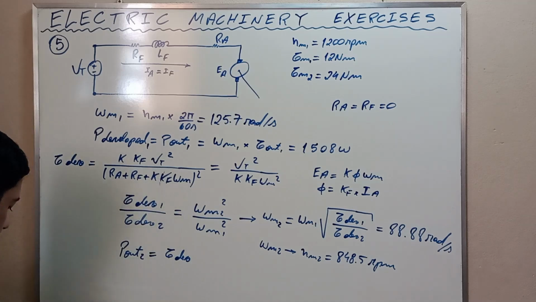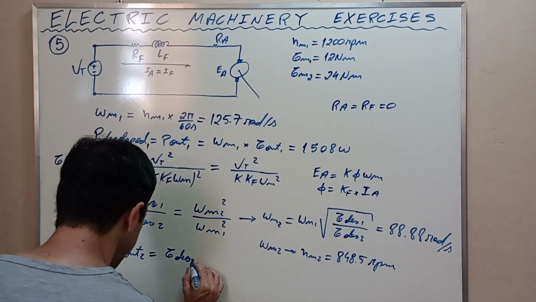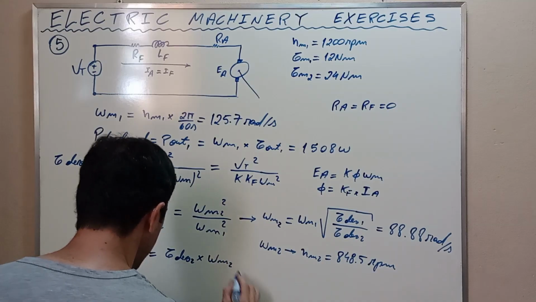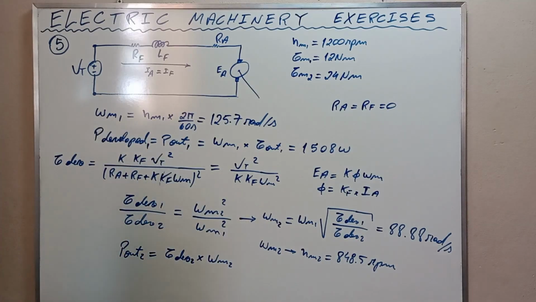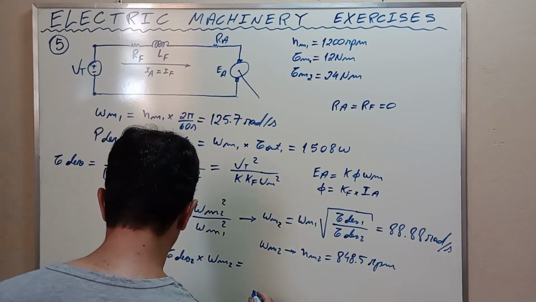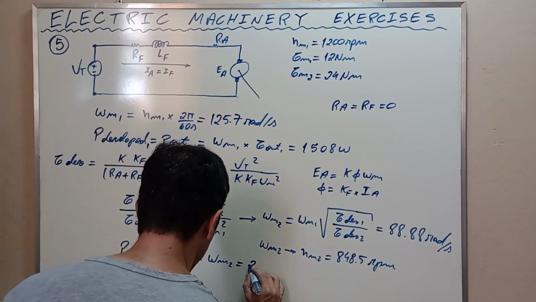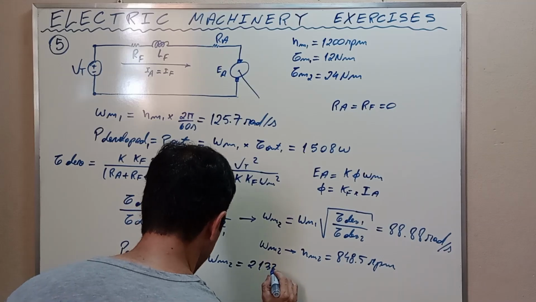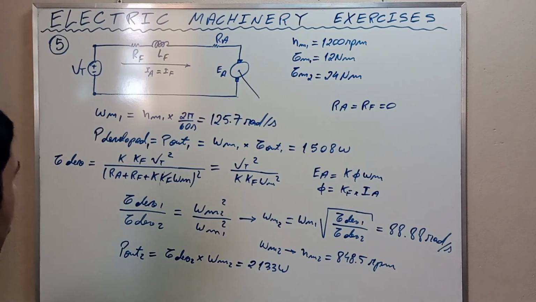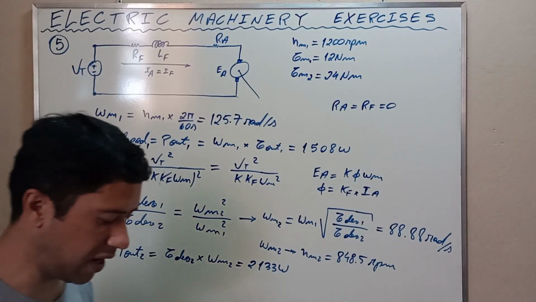It is equal to the developed torque times the rotational speed in radians per second, and if you use the values, you're going to find that the output power is 2133 watts.